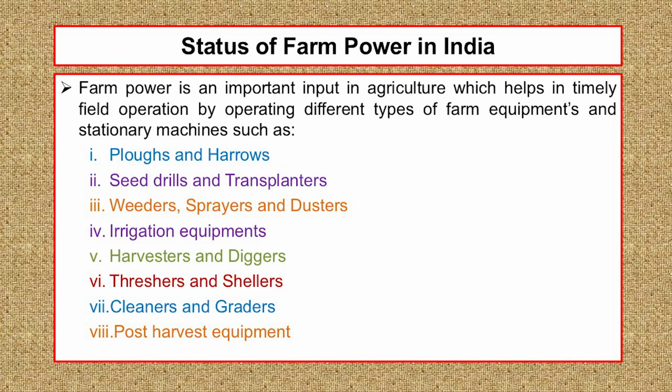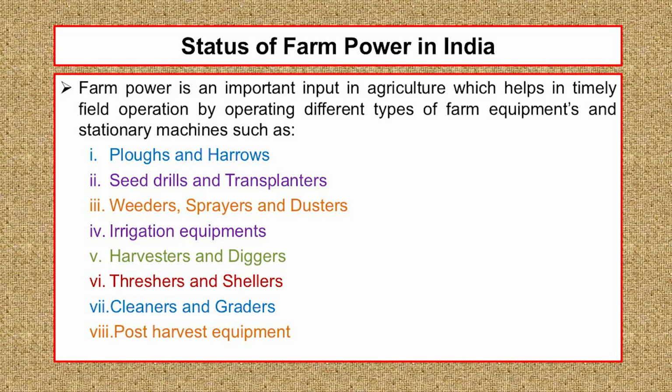Cleaners and graders are used in post-harvest operations, where we clean the grains so that they are free from all kinds of foreign matter. We also grade the agricultural produce into various sizes, shapes and colors in order to fetch more value in the market. There also energy is required.